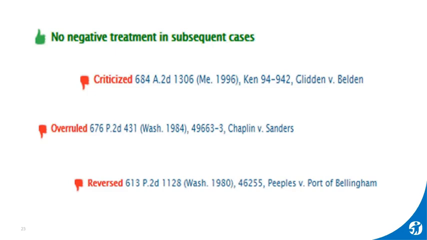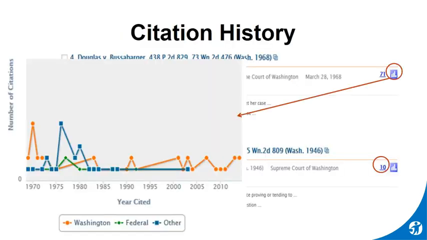It says no negative treatment in subsequent cases, which is obviously good news. It says it's criticized, this case has been overruled, and this case has been reversed. So you could see any one of those, and while it doesn't give you as much information as LexisNexis would, it definitely gives you some indication of the treatment of the case, whether it's good law or bad law.